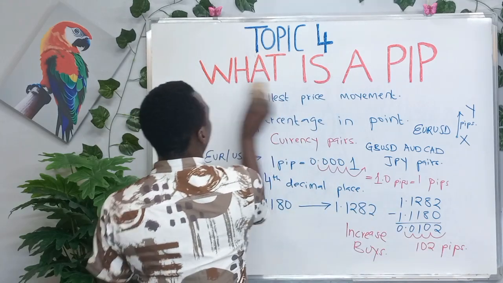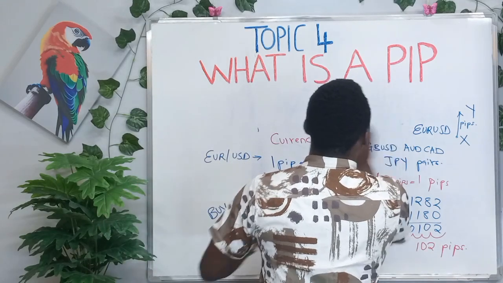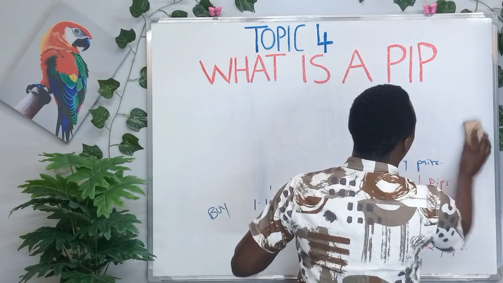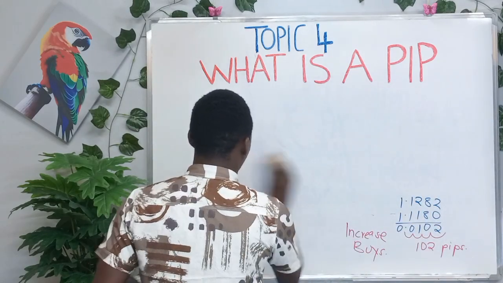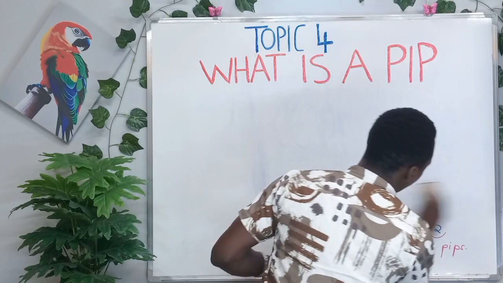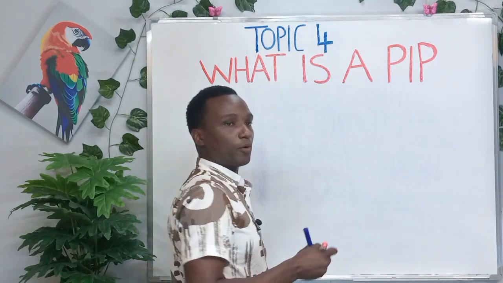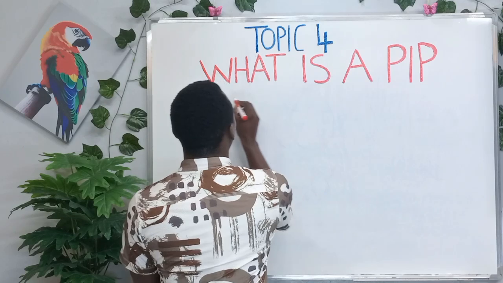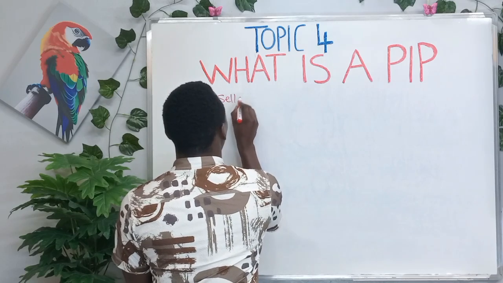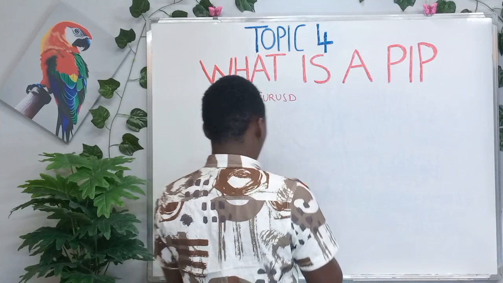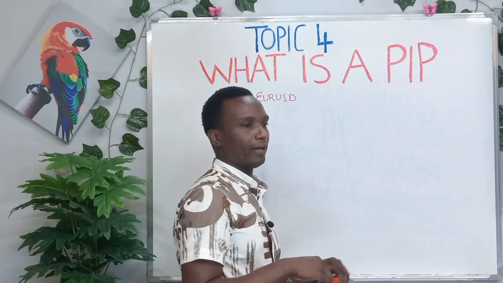So we said a pip is the smallest price movement in a currency pair, and a pip stands for percentage in point. All right? Good. So the following example, we'll be looking at the EUR/USD.